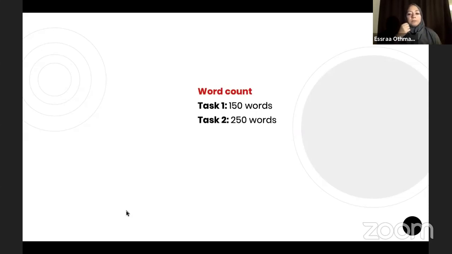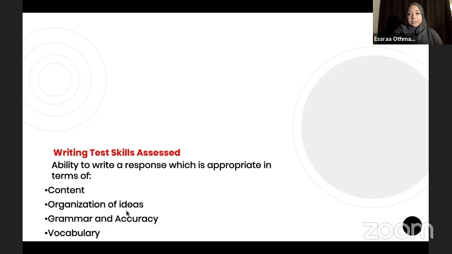Now, the difference would actually be in task number 1, the first one. Okay, now the first task is usually a letter in the general training part, but in the academic part, it's usually analyzing a graph or analyzing data in general.